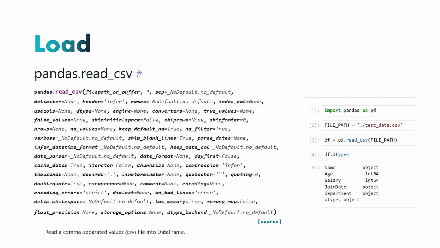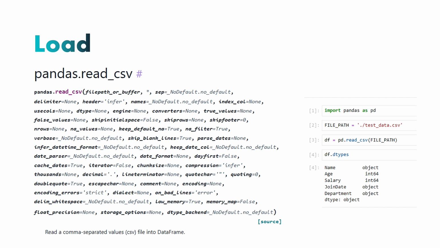In cell 1, we are importing the pandas library as pd. In cell 2, we specify the file path, which in this case is a file named test_data.csv, and which is located in the current directory. In cell 3, we read the CSV file as a pandas data frame.